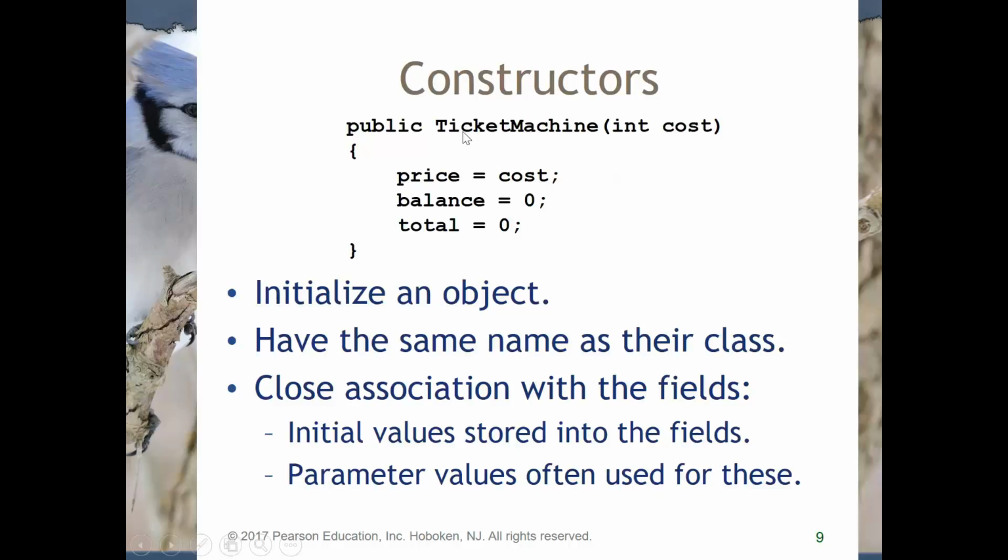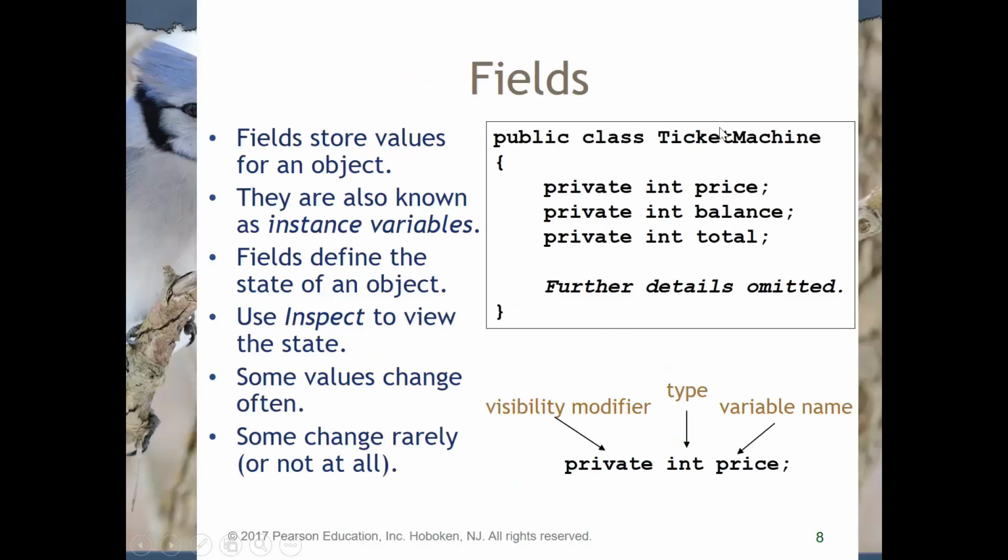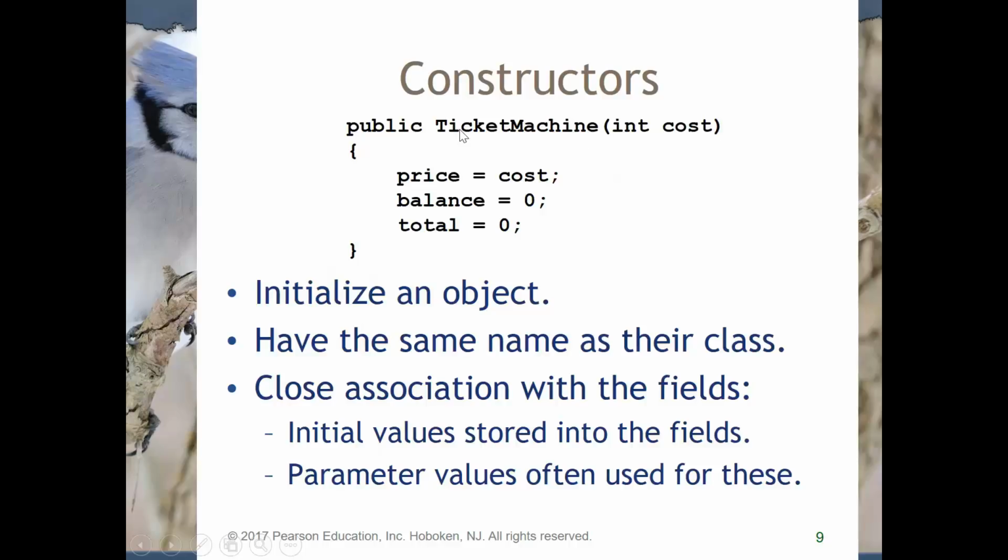Constructor. If we're inside a Ticket Machine, and you have what's called a method of the same name as the class, exactly the same name, then when it gets created, this will automatically get executed.